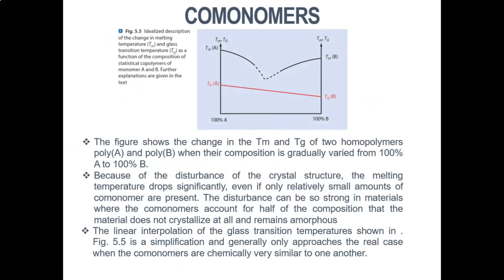Okay, the next one is the co-monomers. Most partially crystalline, which is linear homopolymer, are either characterized by a high melting temperature and a high glass transition temperature, or a low melting temperature and a low glass transition temperature.